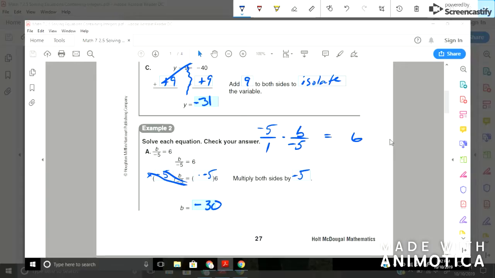So if I multiply across, I'd have negative 5b over 1 times negative 5 is negative 5. Well, anything divided by itself is 1, which is great because that's what I want. I want 1b. I want to know how much 1b is worth. So that's why when you multiply by negative 5, it cancels it out and you can isolate your variable there.